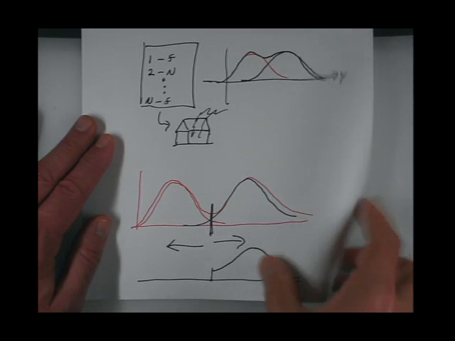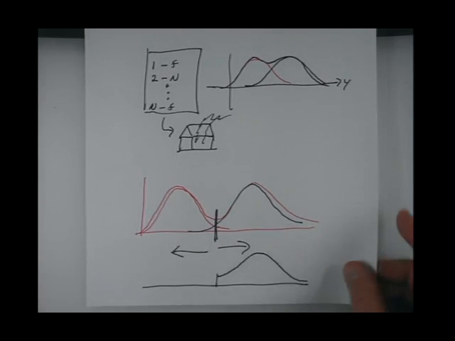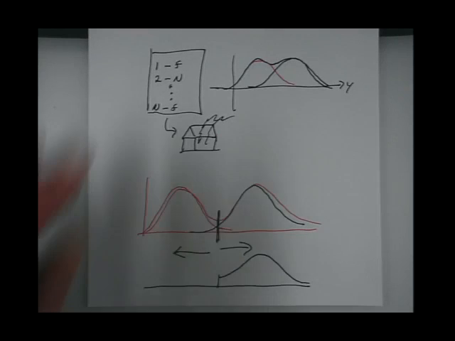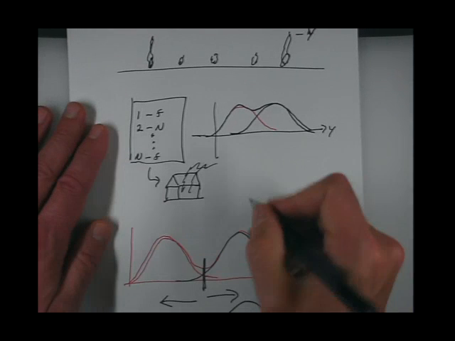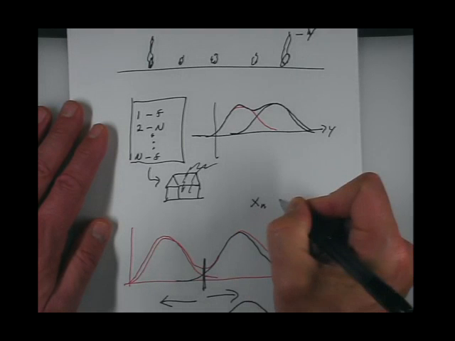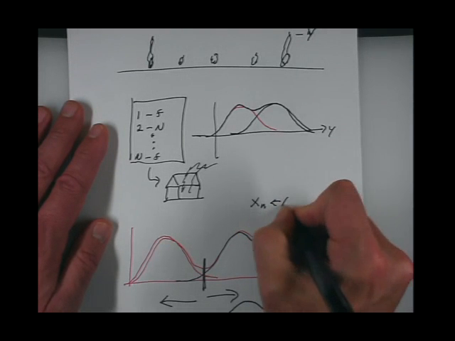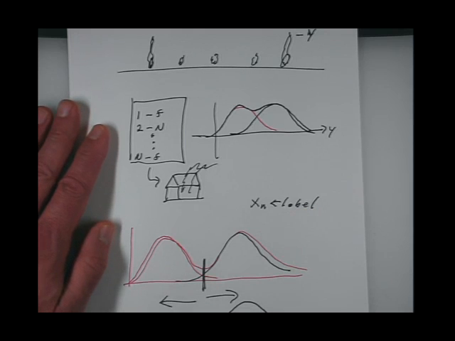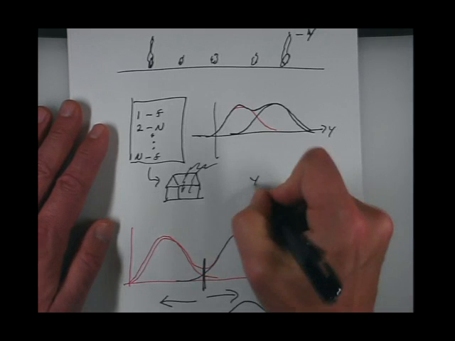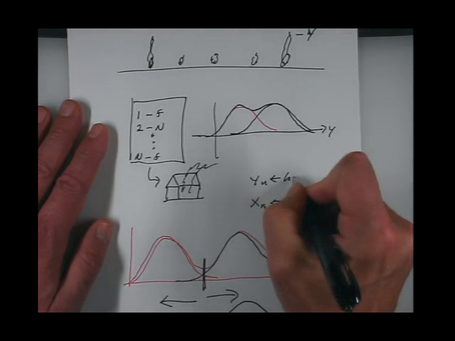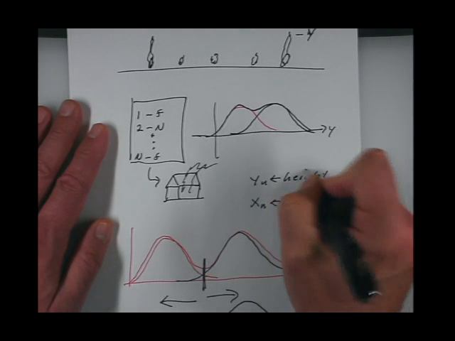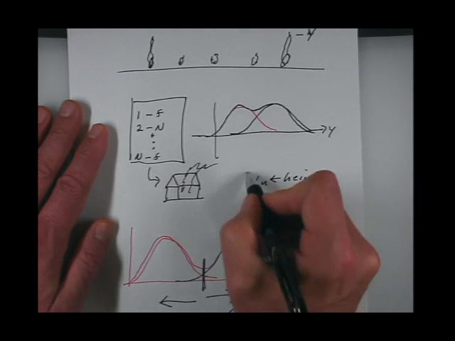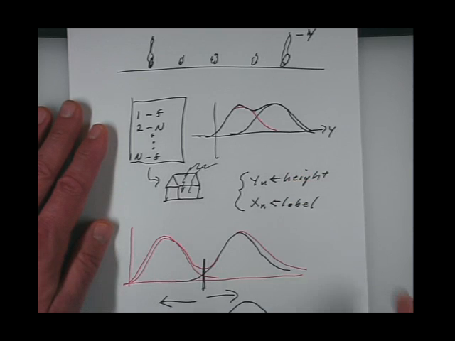So the EM algorithm gets around that. The problem is this. We have xn, which is the label. The label was fertilized or unfertilized. It's a binary label. And we have yn, the height. If we have x and y together, we could solve the problem.